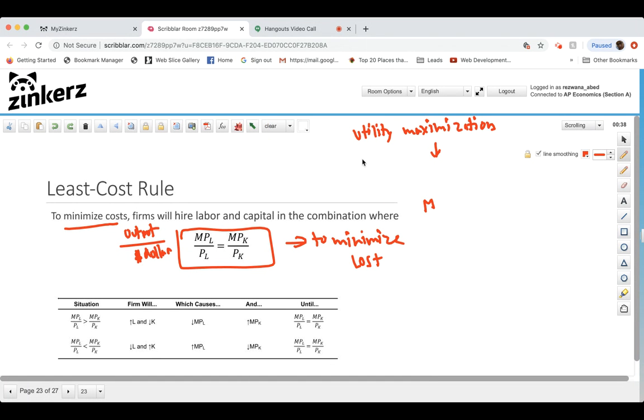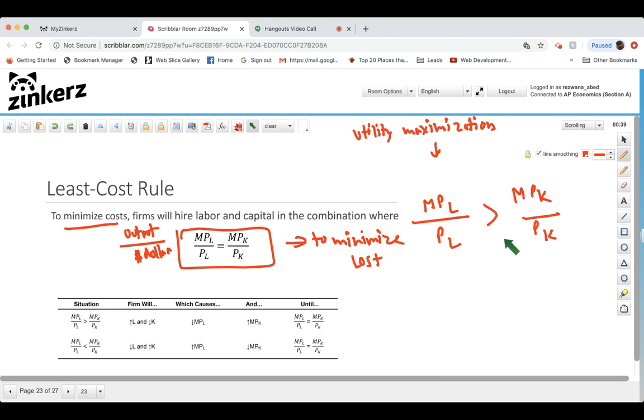If it looked something like this, what would your response be as a business? So this is like the bang per buck. I get more bang per dollar from labor than I do from capital. So what would I hire more of? You should hire more labor and decrease capital. Exactly. So that's what you would do, right?